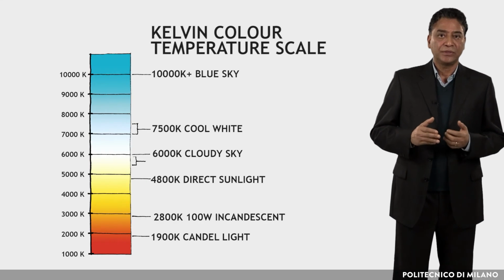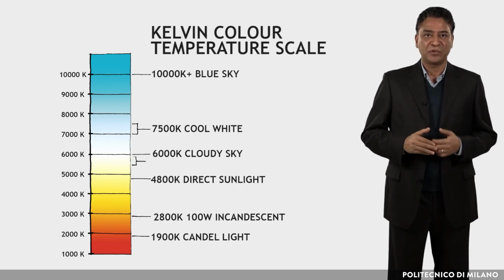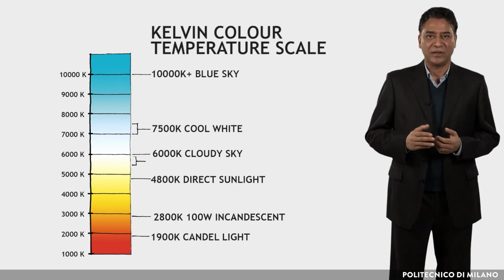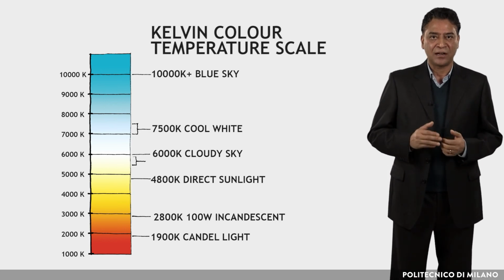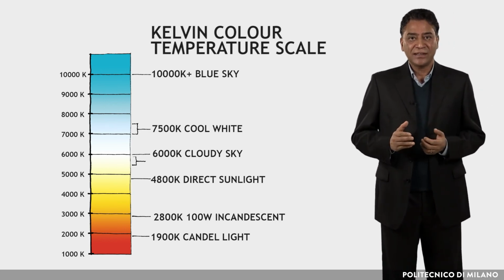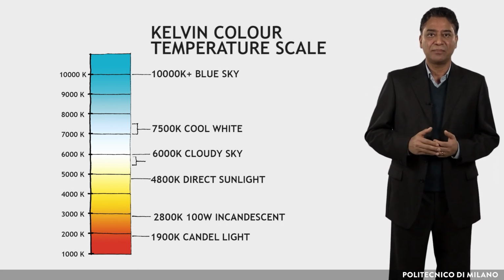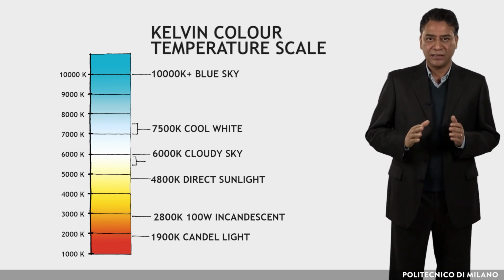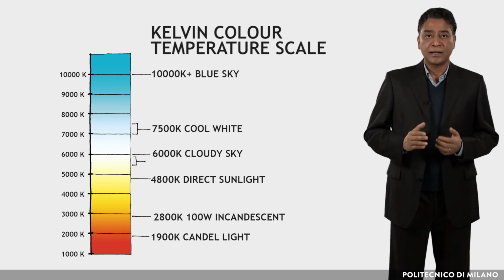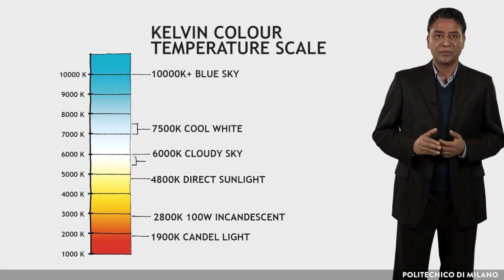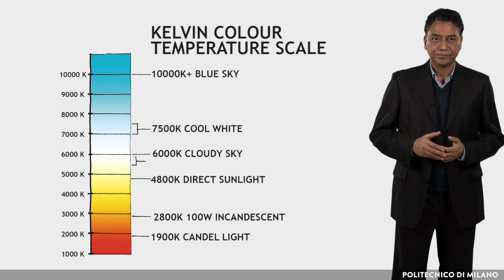Light sources with a low color temperature help to create a warm environment if the lighting levels are low. A pleasant lighting of the interior is obtained with light sources having a color temperature not higher than 3000 Kelvin. The color temperature for some sources are shown in the figure.